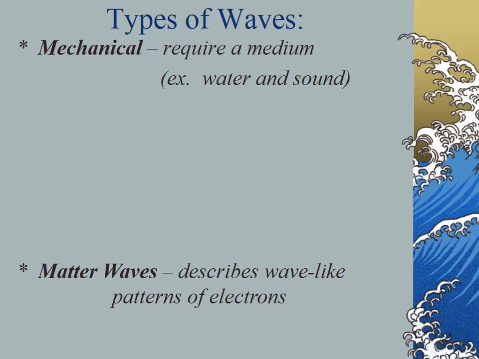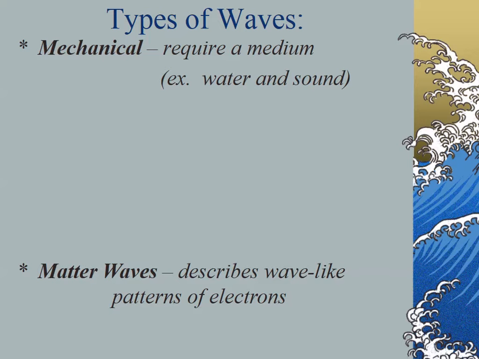There are primarily two types of waves out there. The funny thing is this bottom one, matter waves, we really don't use too much. So let's look at the top one. The first category of wave is what we call a mechanical wave, because it requires a medium. There must be something carrying that energy.